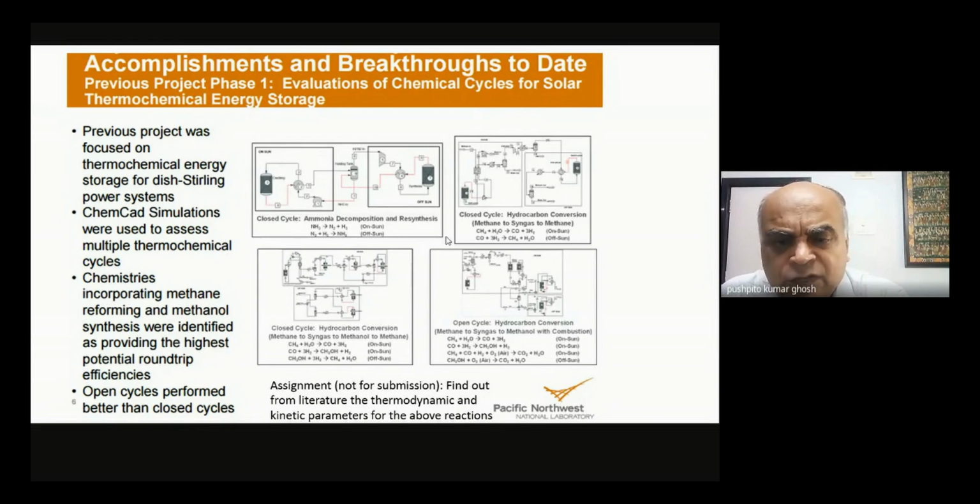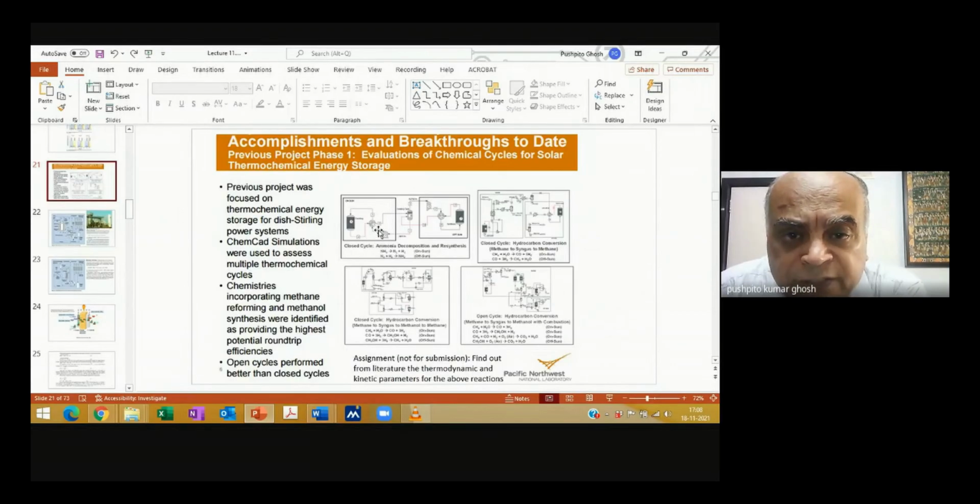So I have been telling you one after the other all the different ways, starting from salt eutectics, to various things which basically help to store solar energy.